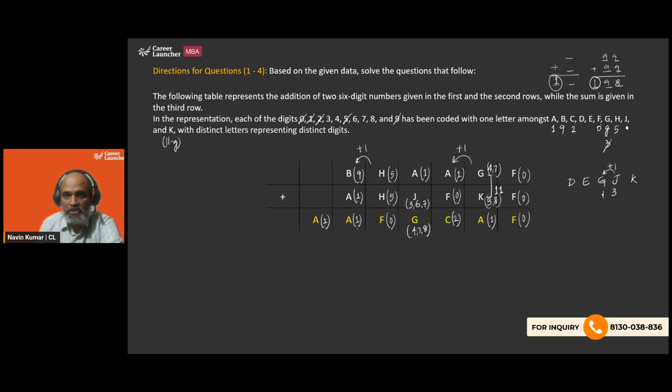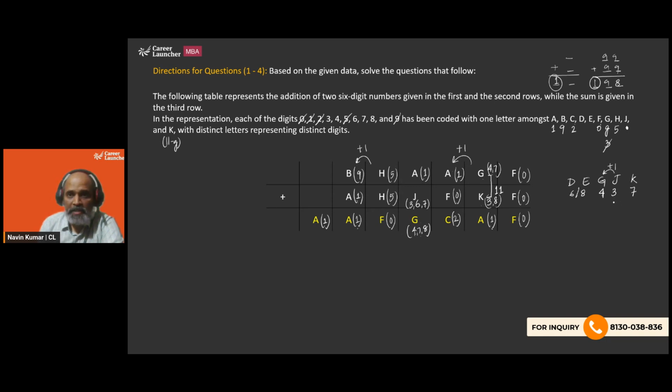If J is 3, G is going to be 4. If G is 4, K is going to be 7, such that G plus K is 11. Now, J cannot be 4 because then G has to be 5, but 5 is already taken by H. So when this is 4, 3, 7, D and E will take over the remaining digits, which are going to be 6 and 8.